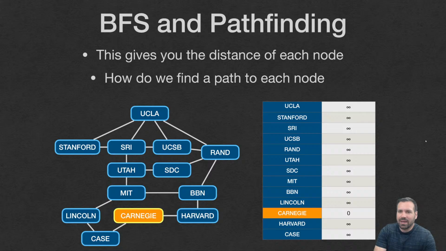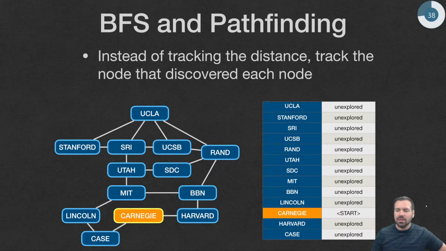So I did promise pathfinding. So how would we take this and do pathfinding? Because knowing the distance between two nodes isn't that interesting to us when we're trying to do full-on pathfinding. But we can make one small adjustment to what we did here and do our full-on pathfinding. So instead of checking the distance from the starting node to each node, I'm going to tweak this a little bit and instead store the node that was used to explore that node.